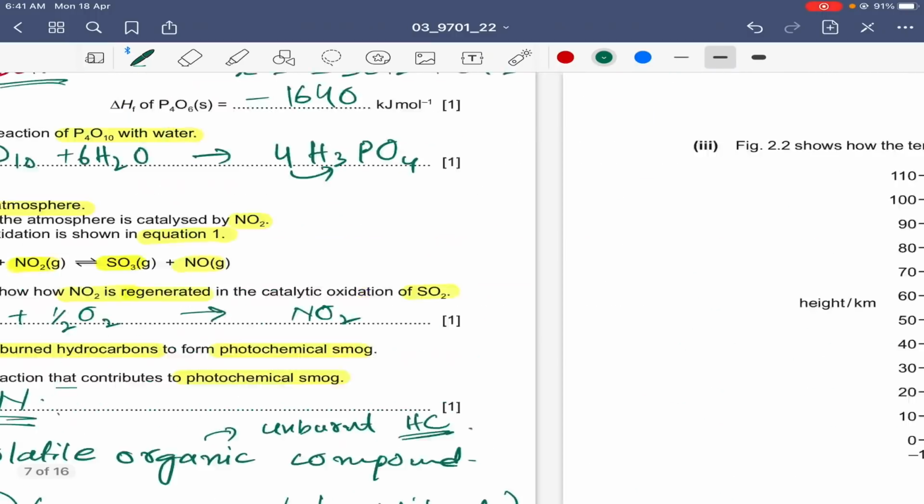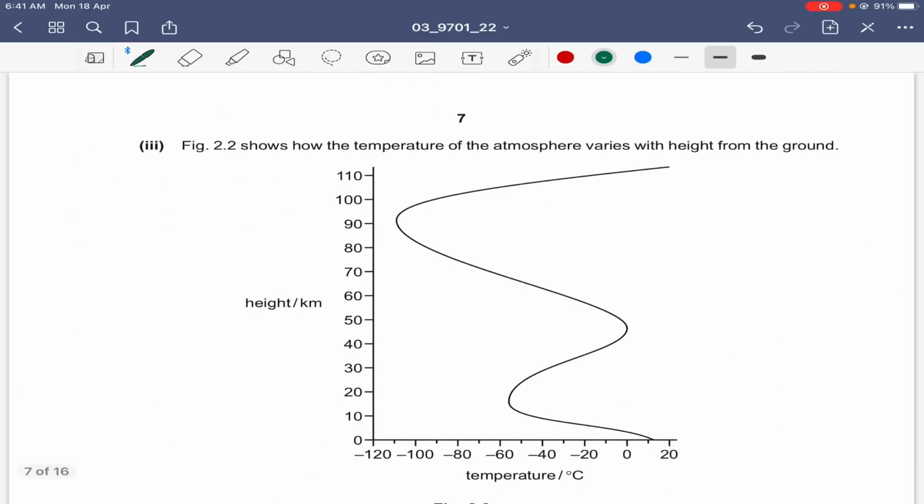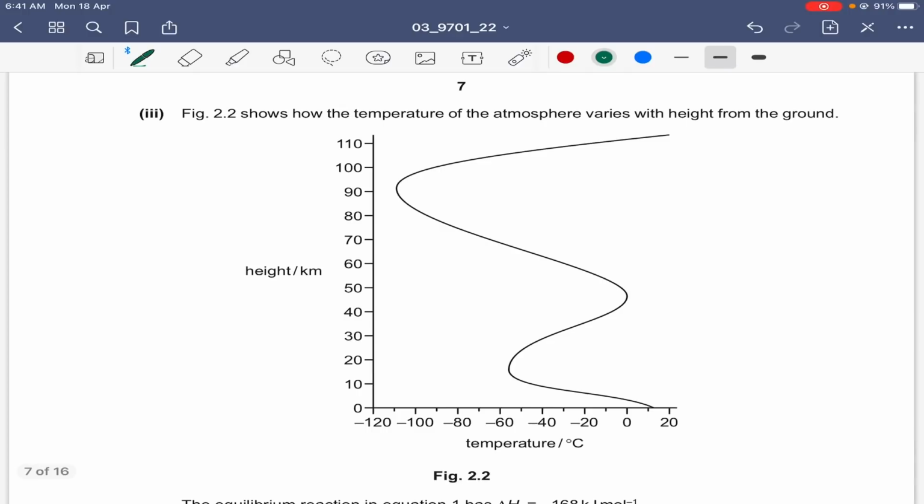All right, now the next part of this question is related to equilibrium, and this time they have given us a very different type of question. Now they're saying that figure 2.2 shows how the temperature of the atmosphere varies with height from the ground.